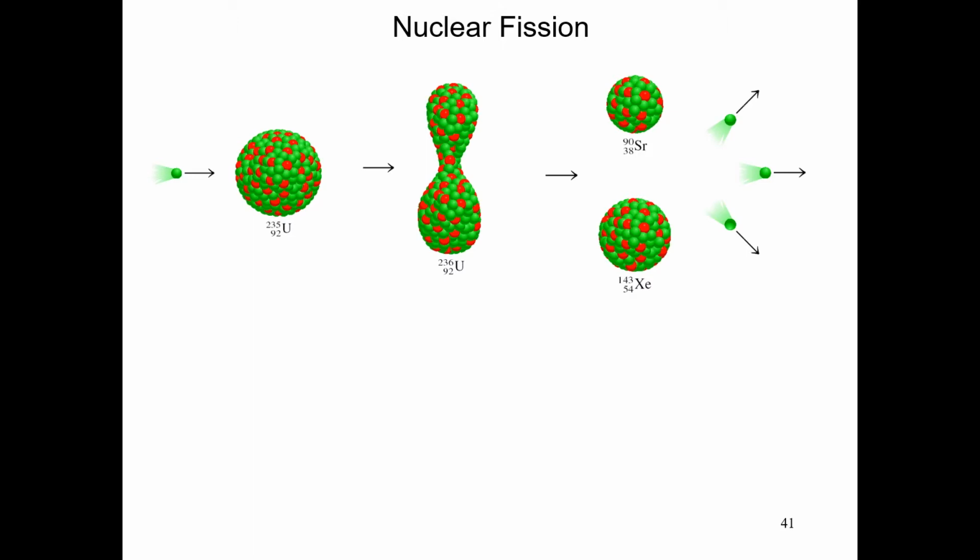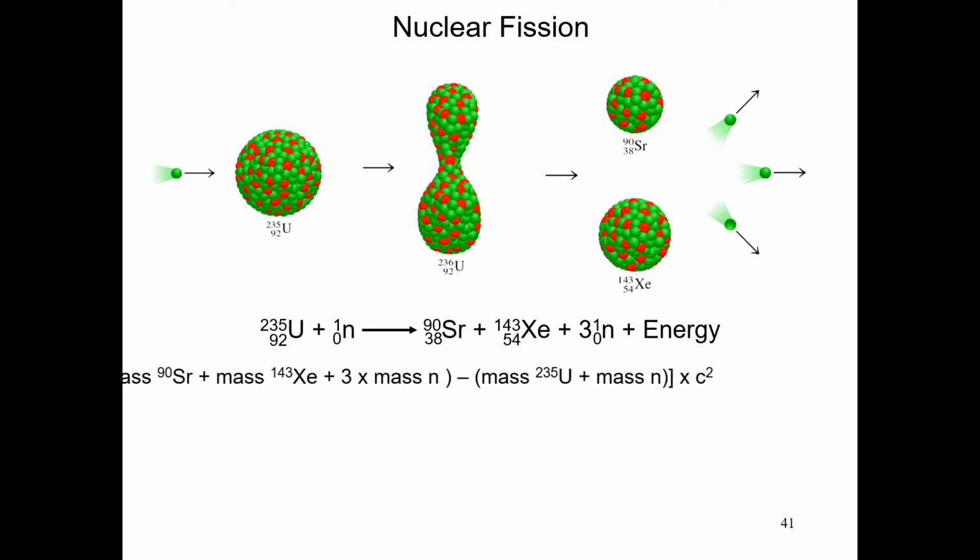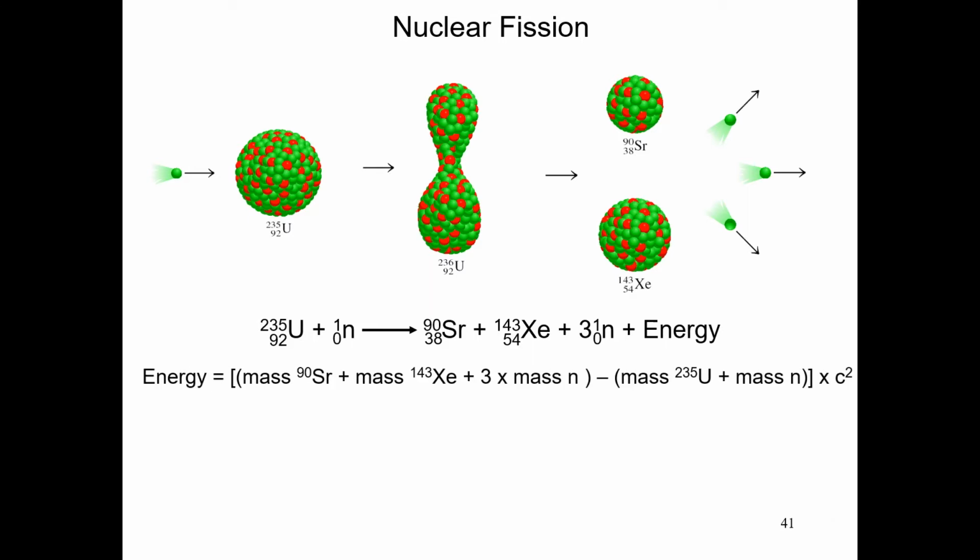xenon-143 plus 3 neutrons. Do the calculations that we've done before, where you essentially calculate the mass defect in these things, right? Remember that we would calculate the masses of all these things in the daughter nucleus and particles minus the masses of the uranium and the neutron.